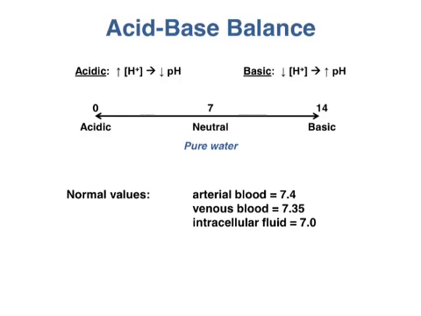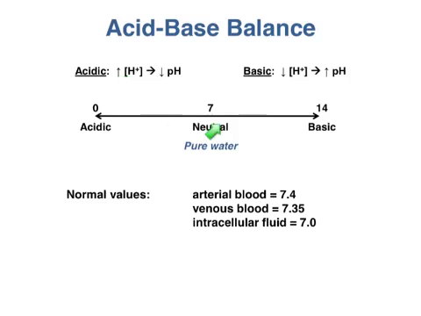pH is basically a measure of the log concentration of hydrogen ions in a solution. A completely neutral solution is a pH of 7. As you move down from 7, a solution becomes more acidic. And acidic actually means an increased concentration of hydrogen ions. So decreased pH means more hydrogen ions.